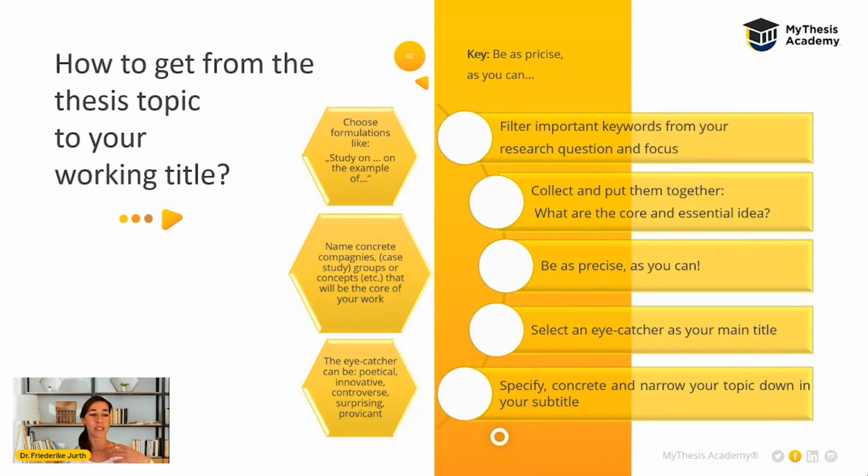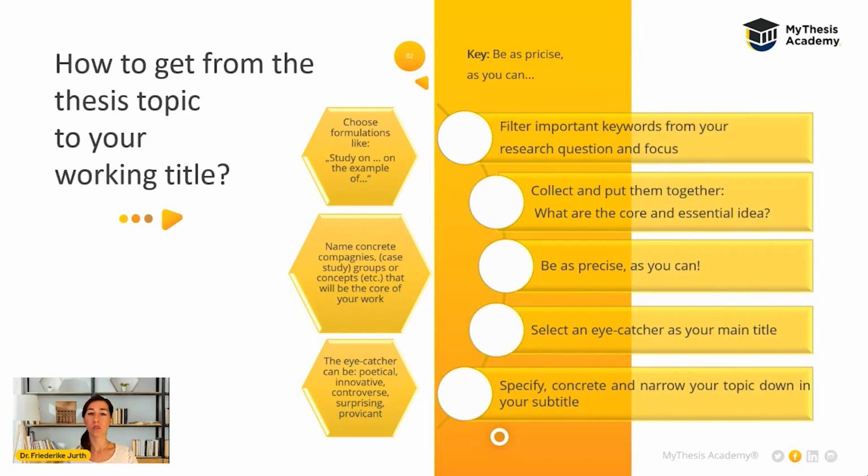And then, no matter if you are dealing with a working title or already with the submission of the final title, you can get some help from the points that you are seeing here. So how do you develop this title? First, you can start to filter the important keywords from your research, from the research question and your focus.